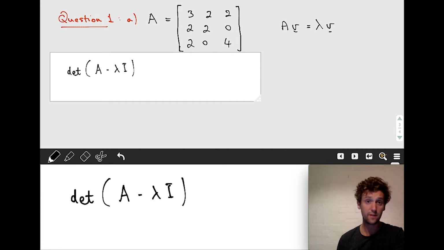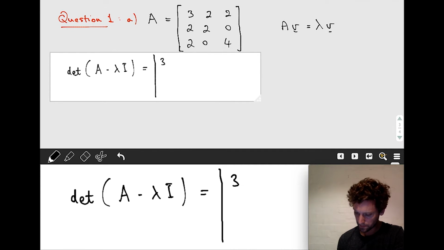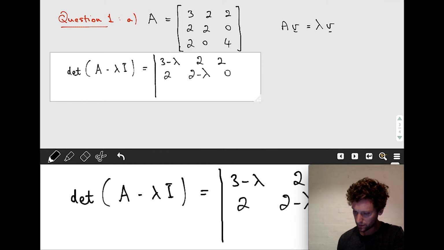That is, I'm going to find the determinant of the matrix A with lambda subtracted from the diagonal. So I have 3 minus lambda, 2, 2, 2, 2 minus lambda, 0, 2, 0, 4 minus lambda.